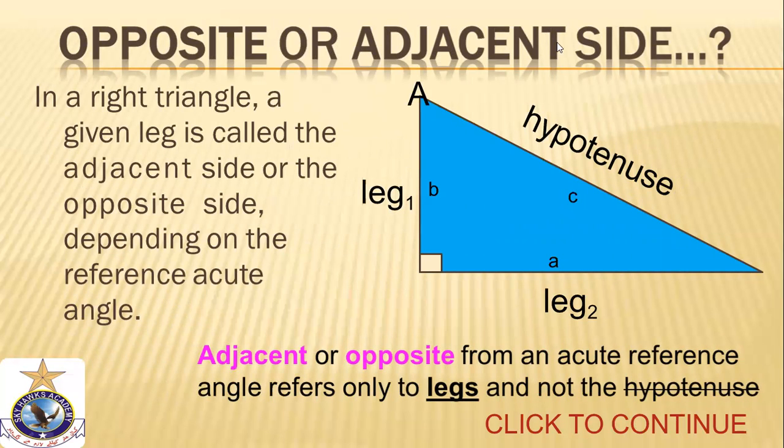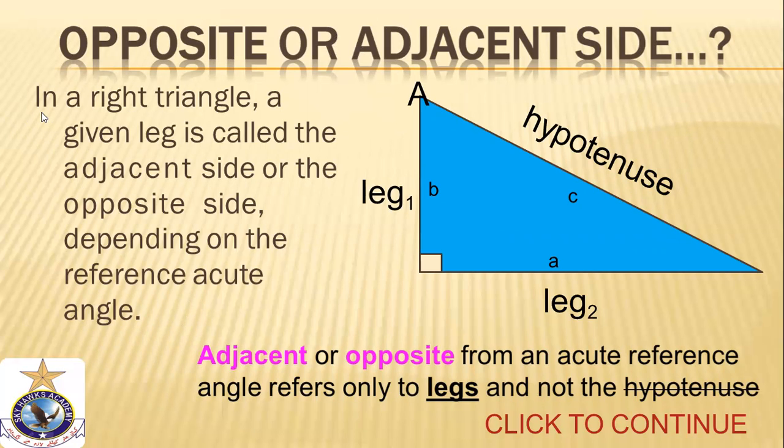Anyhow, opposite or adjacent sides. Now, this is most important. But I can say that here we will have to make the conclusion all about the ratios. Anyhow, please read this one. In a right triangle, a given leg is called the adjacent side or the opposite side, depending on the reference acute angle.